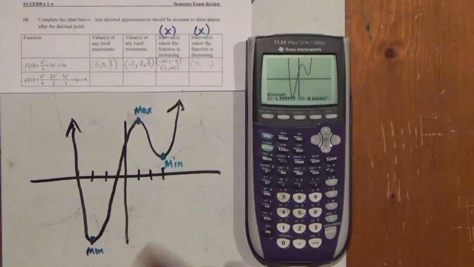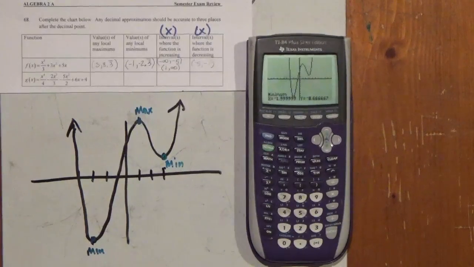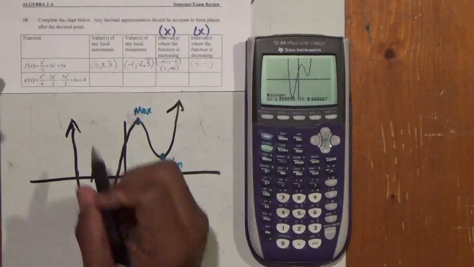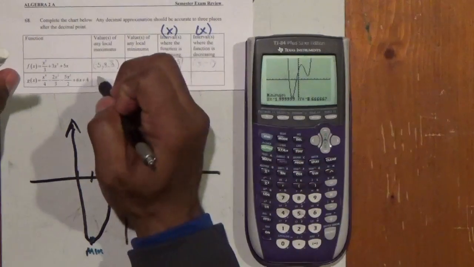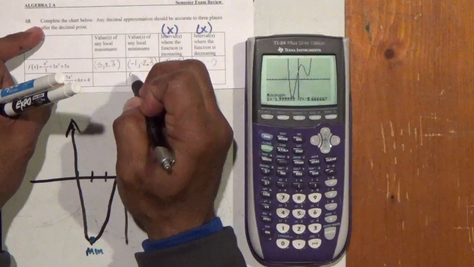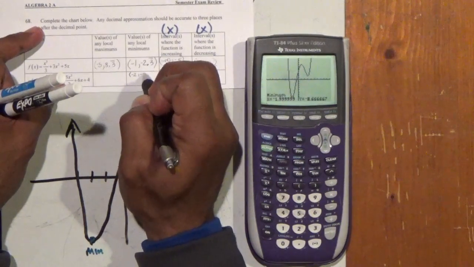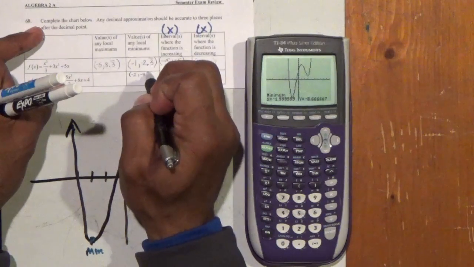It gives us a minimum. The cursor is hitting it. That minimum rounds to -2, -8.6 repeating.